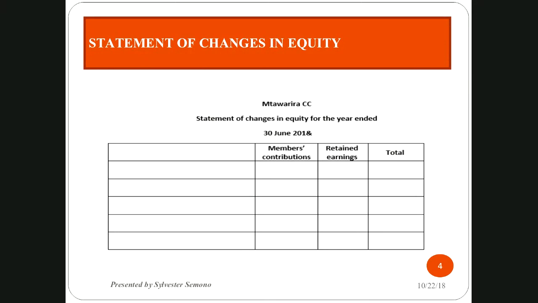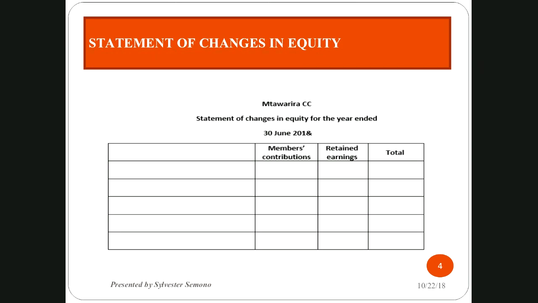Firstly, we need to make sure that we put the balances at the beginning. So the first thing that I'm going to record here, I'm going to say balance at the beginning or as at. So this period ended on the 30th of June 2017, meaning we started on the 1st of July 2016.